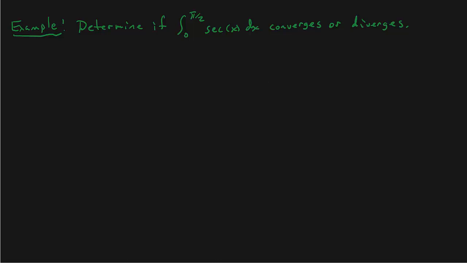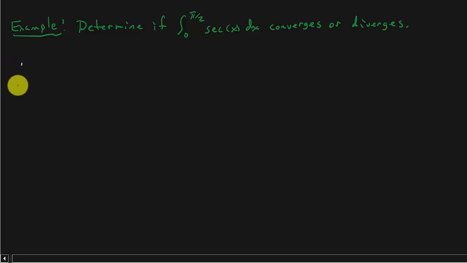Determine if the integral 0 to pi over 2 of secant x dx converges or diverges. So we've got 0 to pi over 2 of secant x dx.